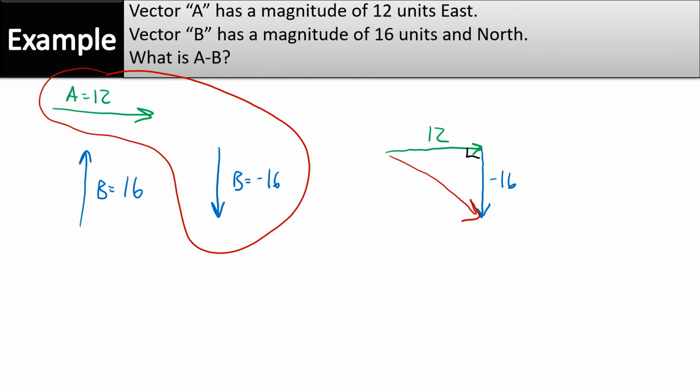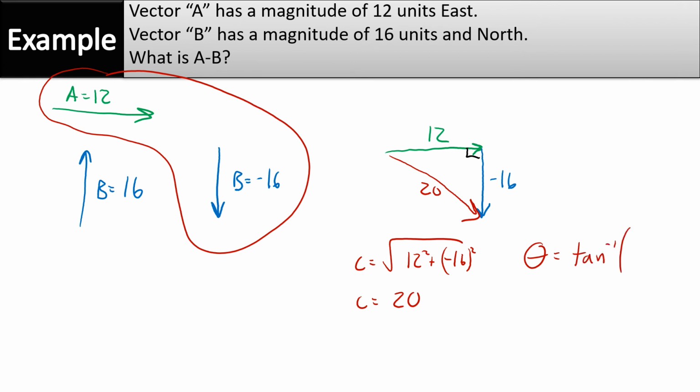So then we do the Pythagorean theorem. You get a magnitude of 20. And then when you do theta, you do the inverse tangent of the opposite over the adjacent, but you just make it positive when you're doing that.